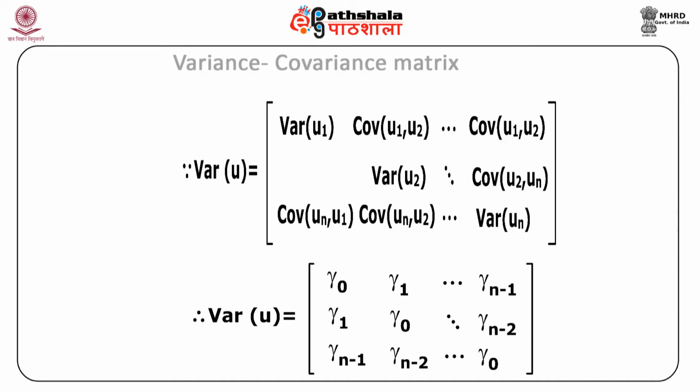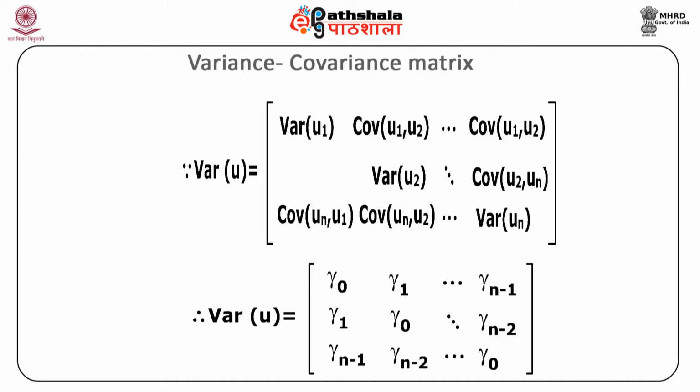The last row in the matrix is covariance u_n u_1, covariance u_n u_2, up to variance u_n. So in this matrix, you can see that on the diagonal we have the variances of u_1, u_2, up to u_n, and in the off-diagonal elements we have covariances.